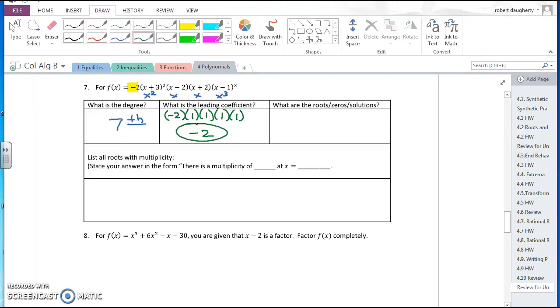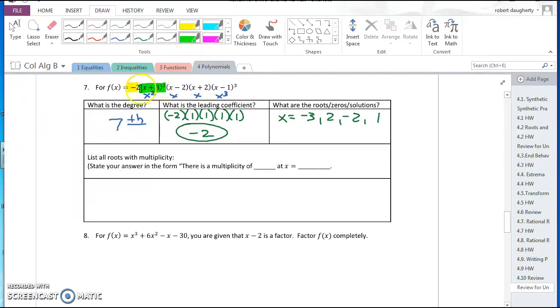What are the roots, okay, or the solutions or the zeros? So it looks like the roots of this are going to be at x equal negative 3, 2, negative 2, and 1, okay? And list all roots with multiplicity. So there are 2 of those.